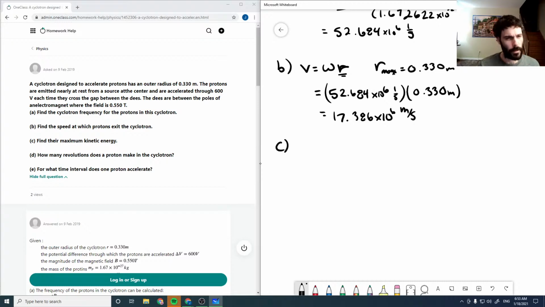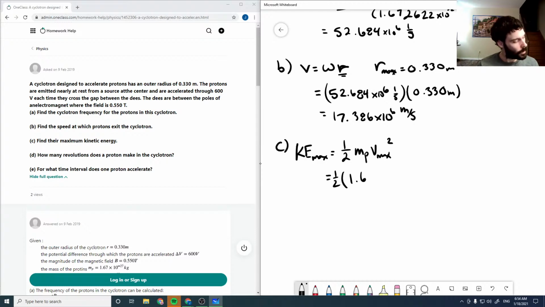So then C, find their maximum kinetic energy. So kinetic energy at max would be 1/2 the mass of a proton times our v max squared.